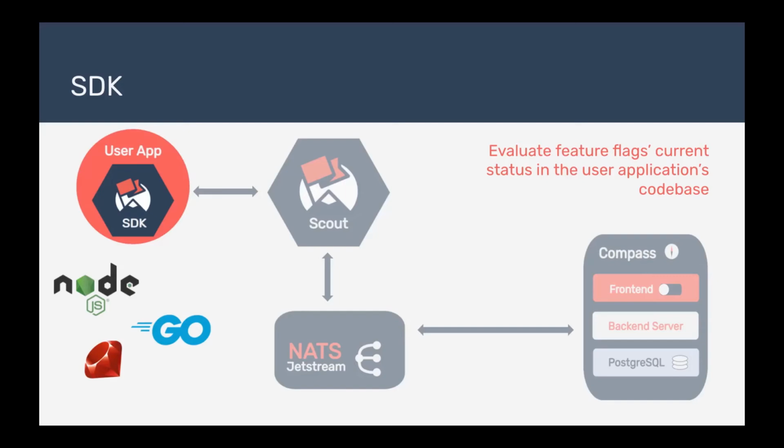The SDK will then automatically receive feature flag updates each time a change is made via the Compass dashboard. The SDK stores the current feature flag data in memory and uses it to evaluate flags. All 3 of our SDKs also integrate with Google Analytics to aid users in collecting analytics events related to their new features.